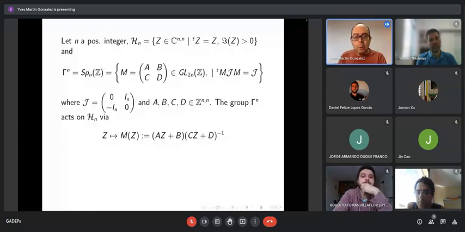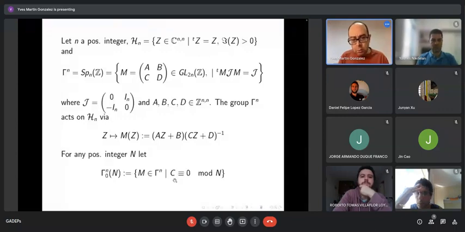And the other thing that we will use is this congruence subgroup of Gamma n, Gamma_0^n(N). All the matrices in the group Gamma n where the block C is congruent to the block 0 mod this integer N. So these are the main ingredients.